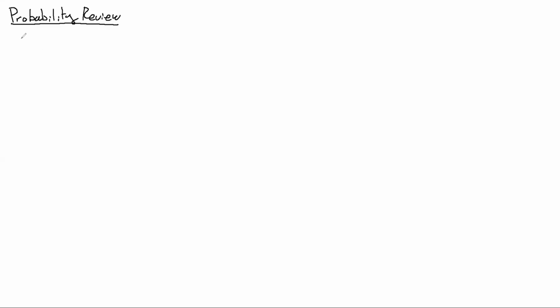Let's say you say the probability of A and B. To show this in our notation for probability, you're going to do a cap. This is the probability of A and B happening at the same time.